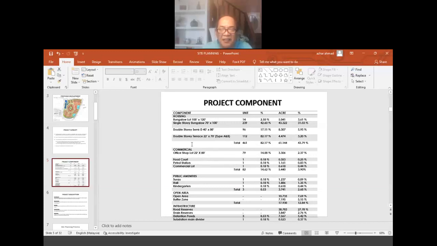Double story means 2 stories. Office shop lot. Public amenities, we have surau, halls, and kindergarten, open areas, and infrastructures. We have the road reserves, drain reserves, detention pond location, and substation main divider. This is for the supply of electricity to the whole site.